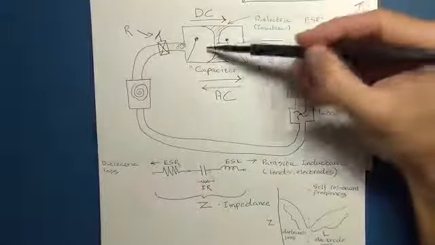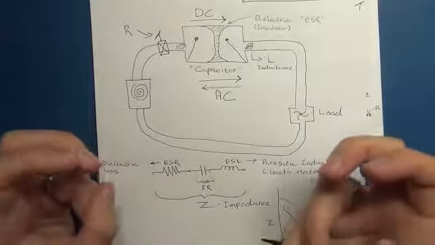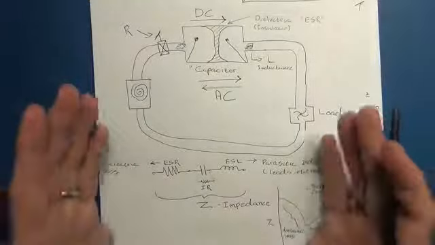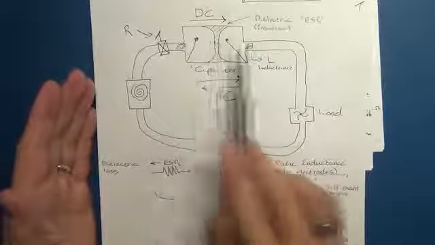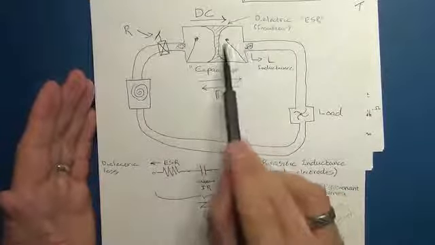Something we need to understand here is that all those characteristics are impedance. Impedance is the resistance to the flow of electricity under certain conditions, and in particular it is related to frequency. Let's say we've got an AC current flowing back and forth through our capacitor.